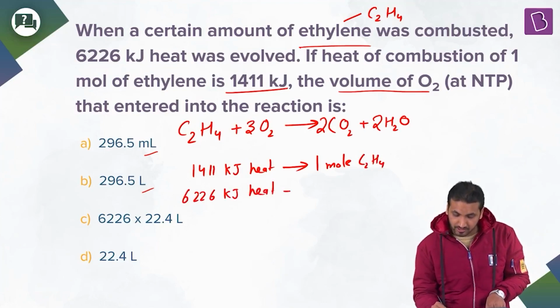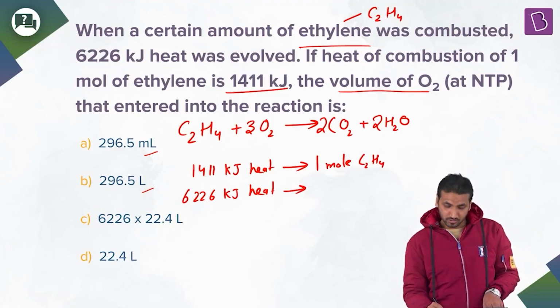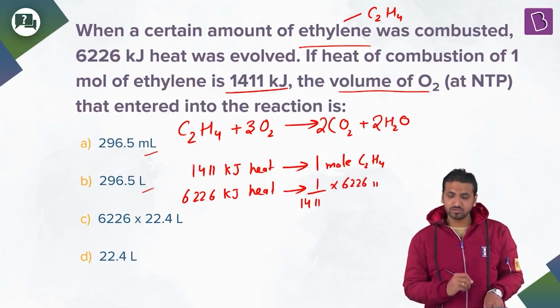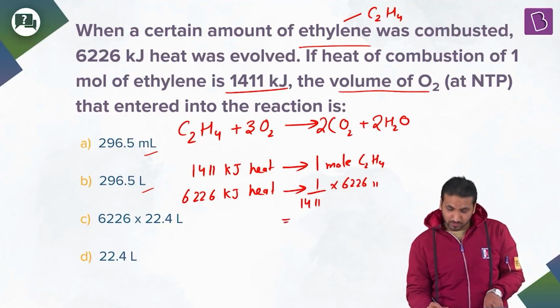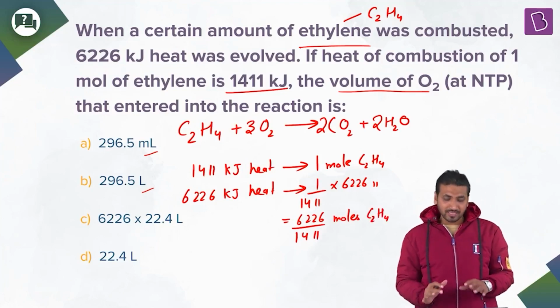It will be released when, can we use the unitary method? Right. So it will be 6226 upon 1411 moles of ethylene, right? Let's not calculate it. Let's put it like that only. I have the moles of ethylene.